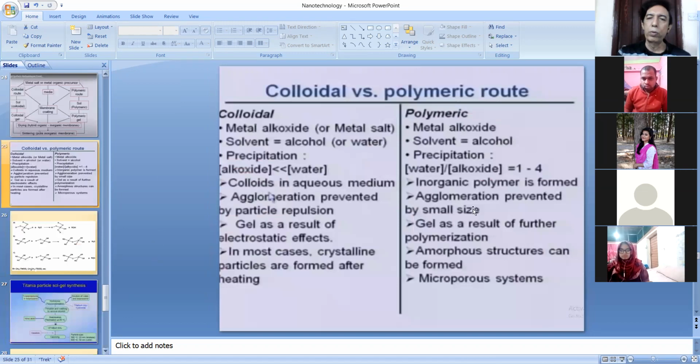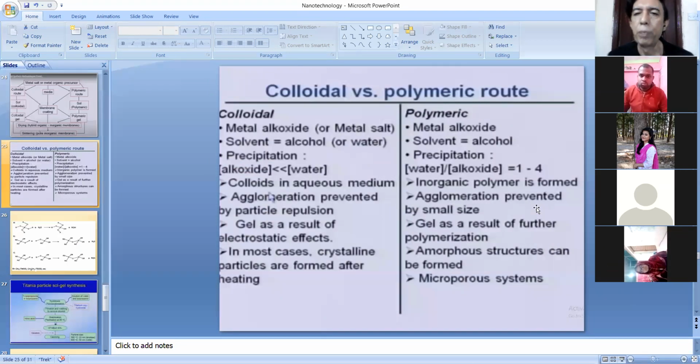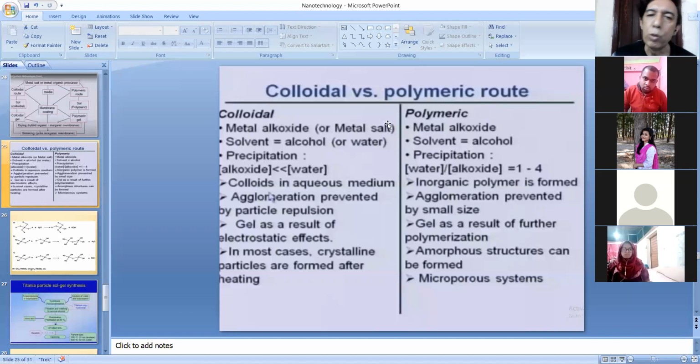Now, what are the differences between the colloidal route versus the polymeric route? You see, in the colloidal route, you can use metal alkoxide or metal salt. We told you that you can use metal chloride as a precursor. But in the polymeric route, you have to use metal alkoxide only.